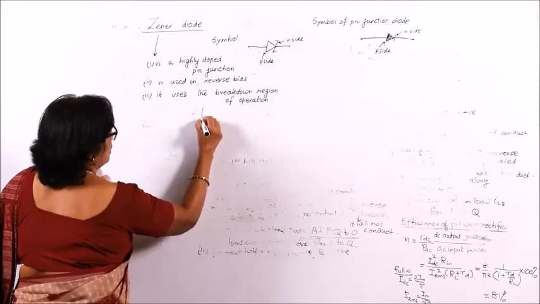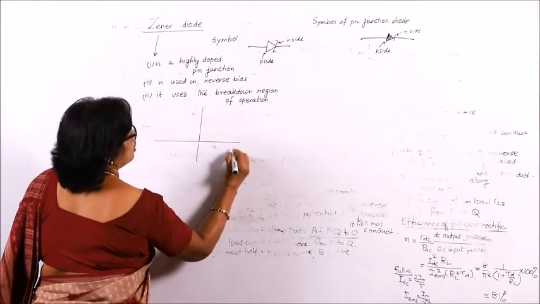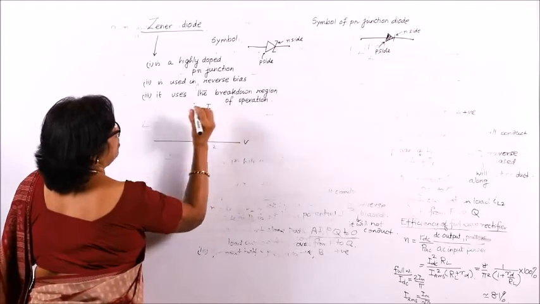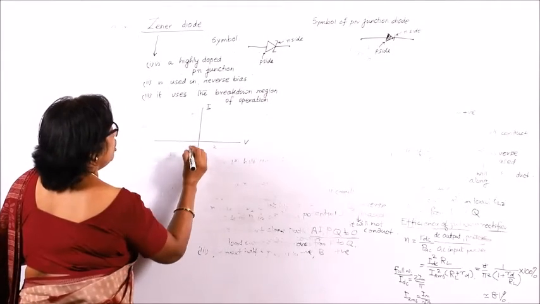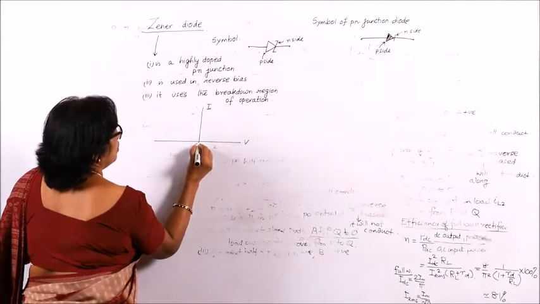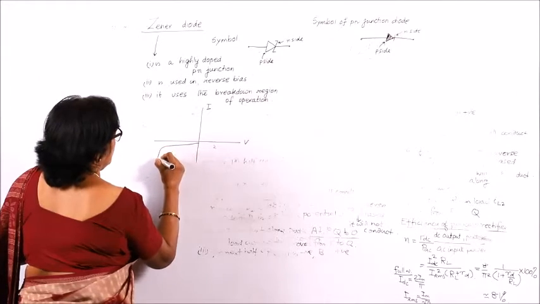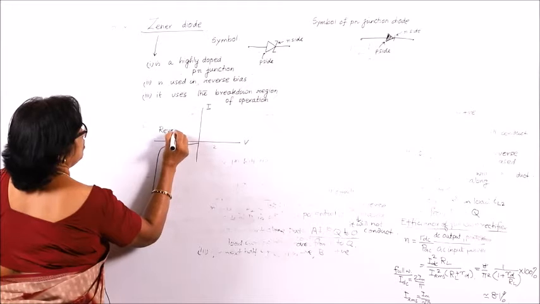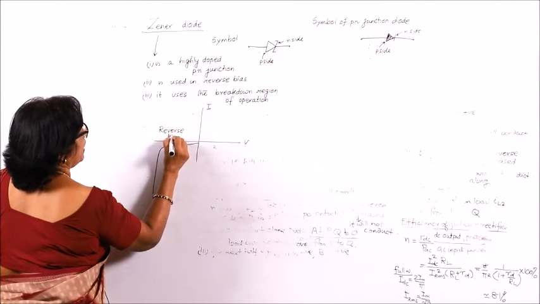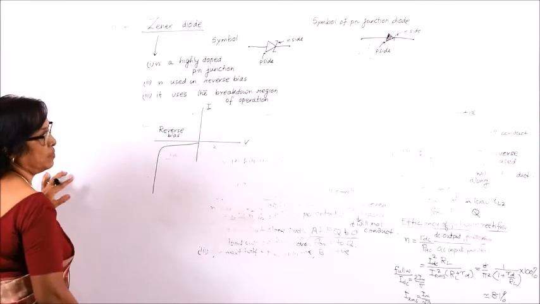So, that is why it is a special kind of PN junction. If you remember the VI characteristic, the graph between voltage and current of the diode, the Zener diode will also have the same. This is in reverse bias, and the VI characteristic in reverse bias is like this.